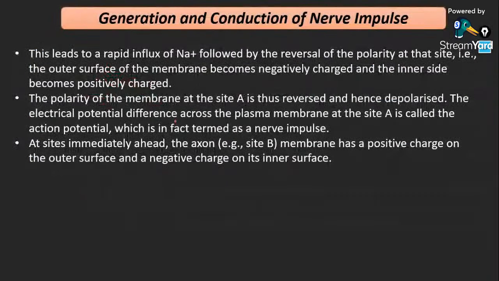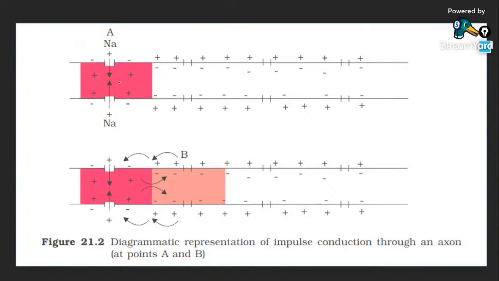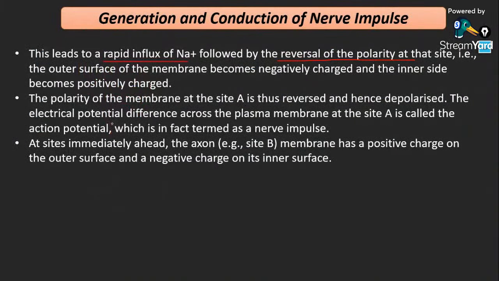Clear? We will come to this. This leads to the rapid influx of sodium followed by the reversal of the polarity at the site. Look, at site A, sodium will move inward. That will lead to the reversal of the polarity at that site. Positive charge will become inward and negative charge outward.